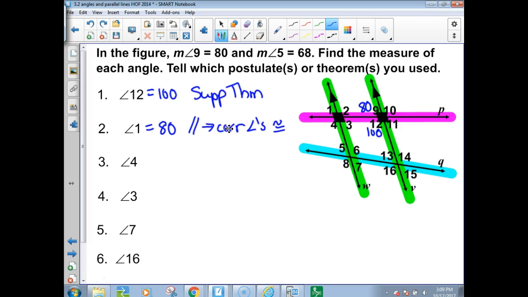It is the corresponding angles theorem. Angle 4. Since angle 1 was 80, angle 4 is 100. You've got multiple reasons you could write. So say you said it's 100, and you said it corresponds with angle 12. You could say parallel implies corresponding angles congruent.